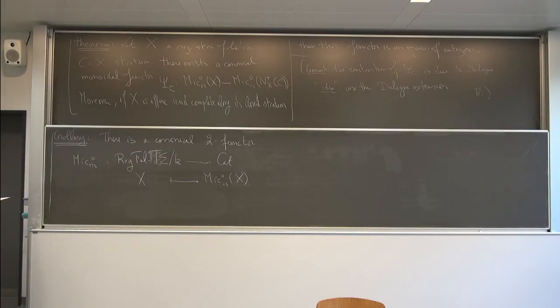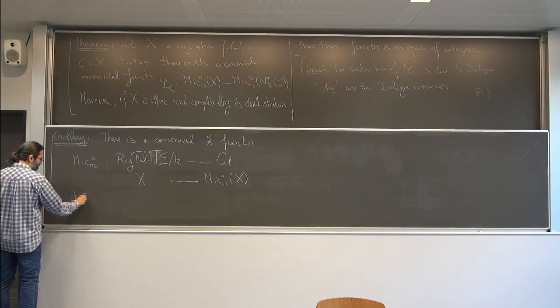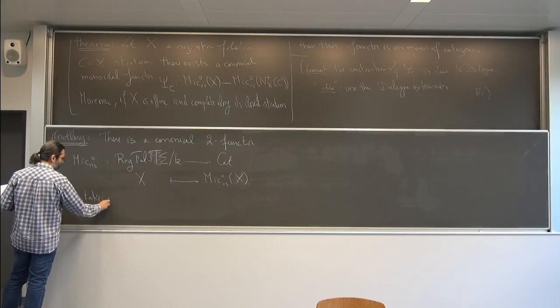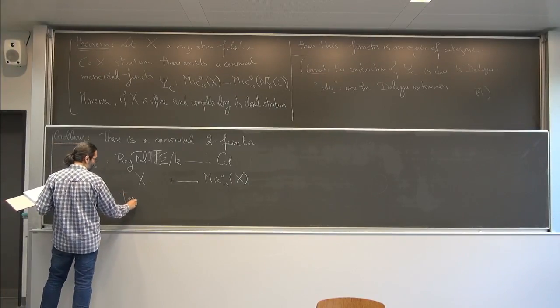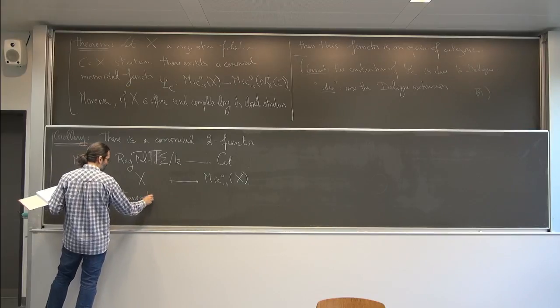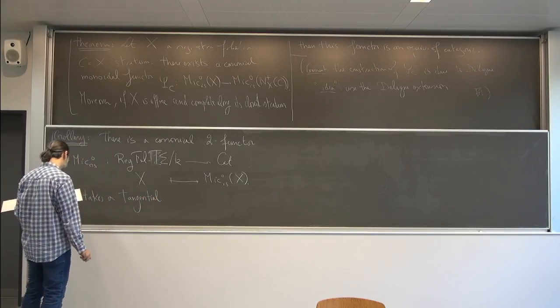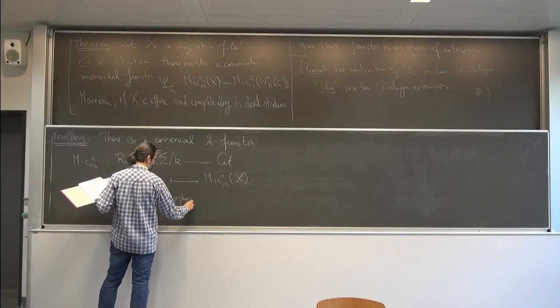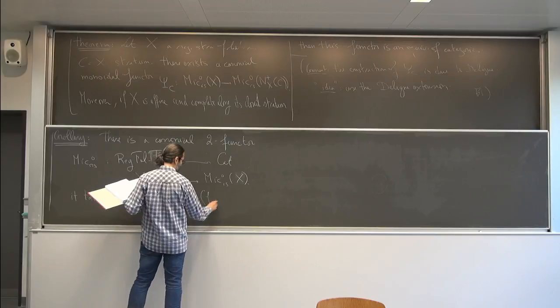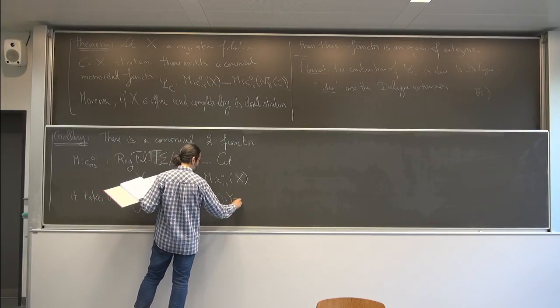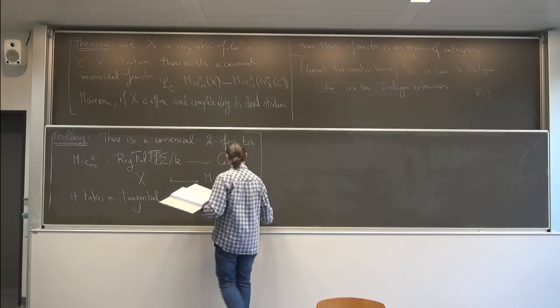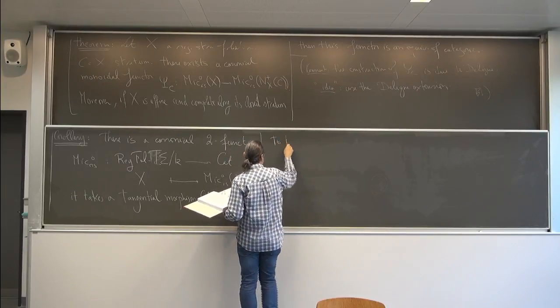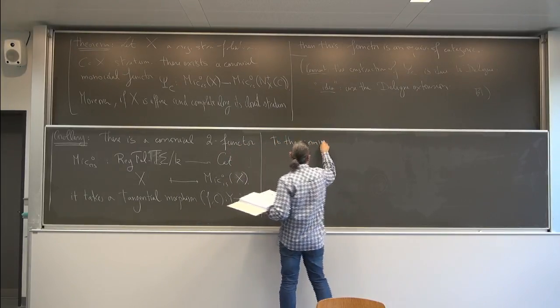Okay, and so what does this two-functor do? It takes a tangential morphism f_c from Y to X to the following composition.